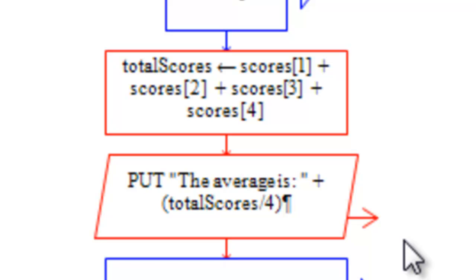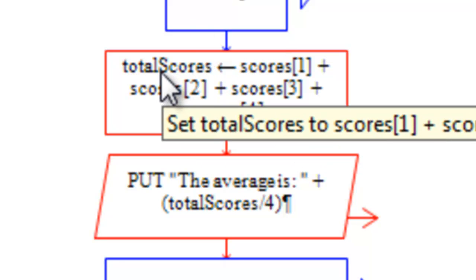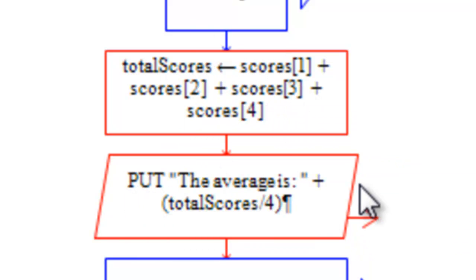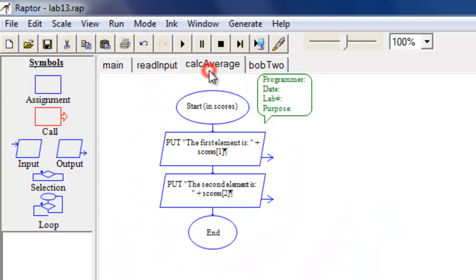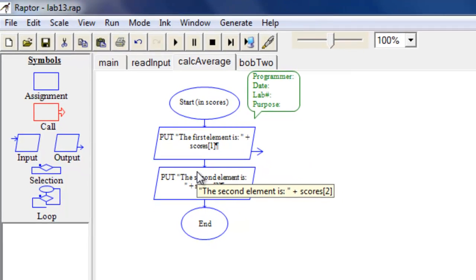So I'm expecting you to go inside your calculate average, put these two in here, and then take this out of here and just have the calculate scores. I am showing you a demo here on how to display the first element of the array and the second element of the array.